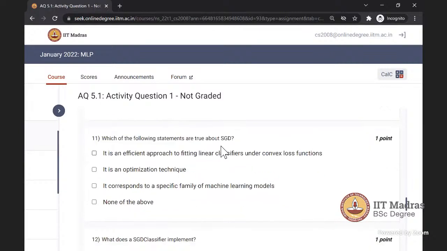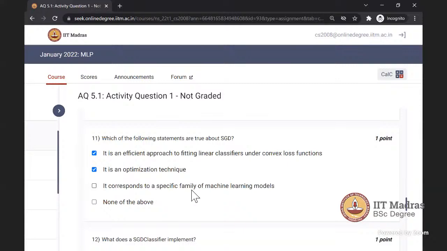Which of the following statements are true about SGD? It is an efficient approach to fit linear classifiers under convex loss functions. Yes, true. It is an optimization procedure. This is true about SGD, stochastic gradient descent. Yes, this is also true actually.